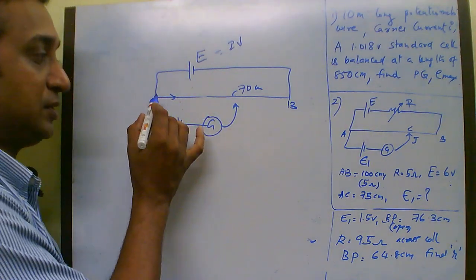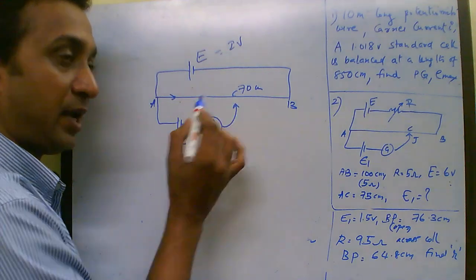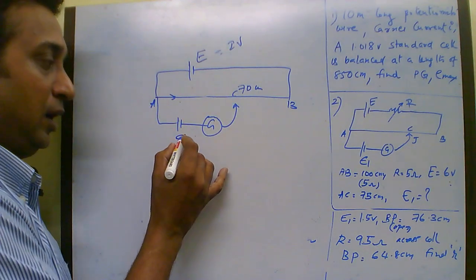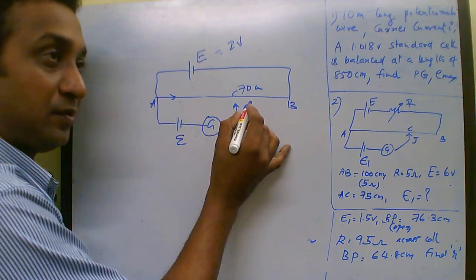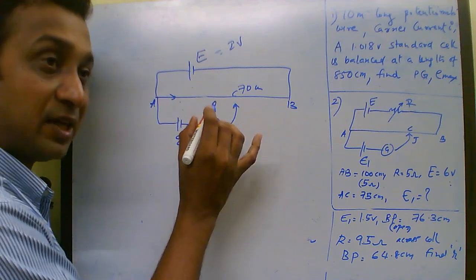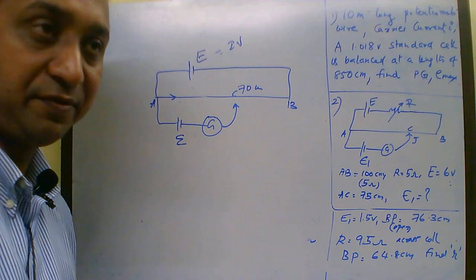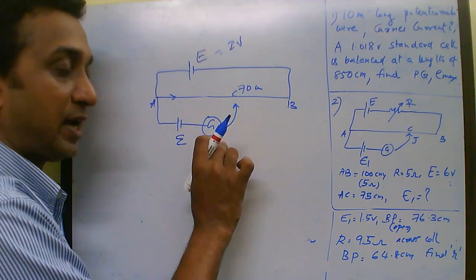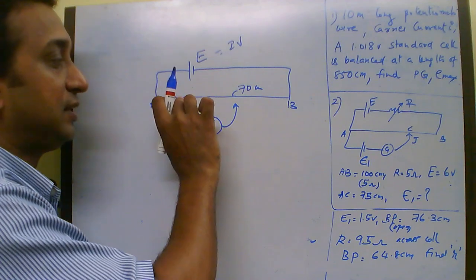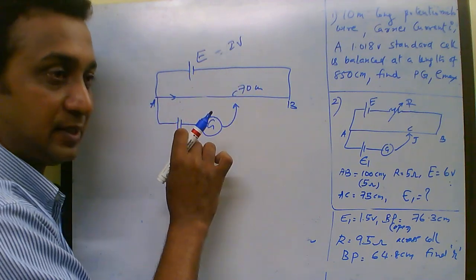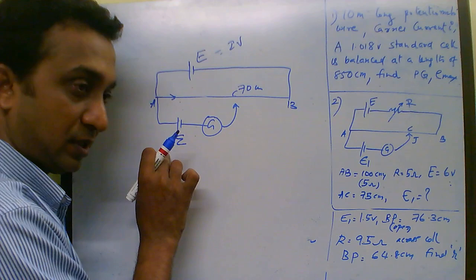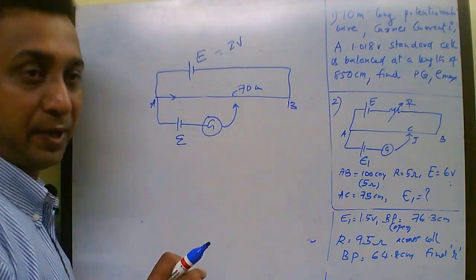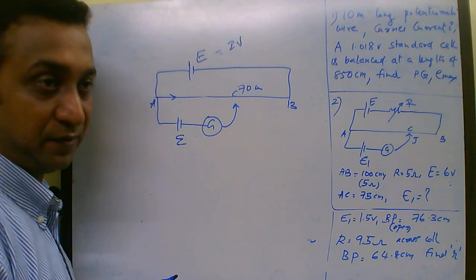Similarly you can think about the potentiometer. Initially a current will be flowing in the main circuit. You find a length at which the galvanometer shows null deflection. At that point, no current flows through the galvanometer, because neither does current from the main line enter this branch, nor does current from this unknown source move into the wire AB. So the galvanometer shows zero deflection.